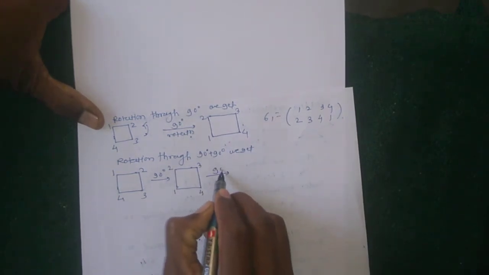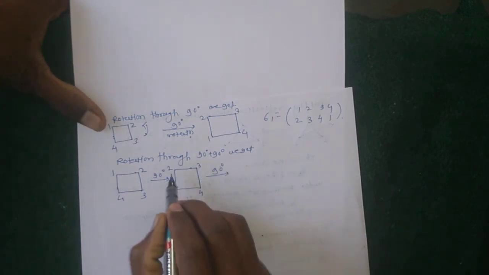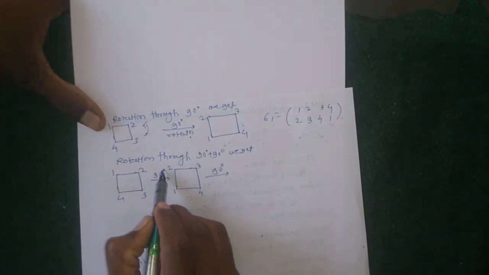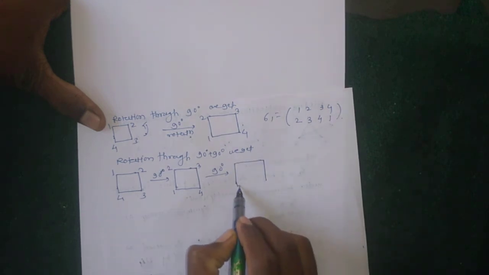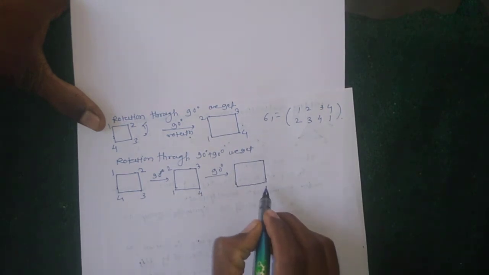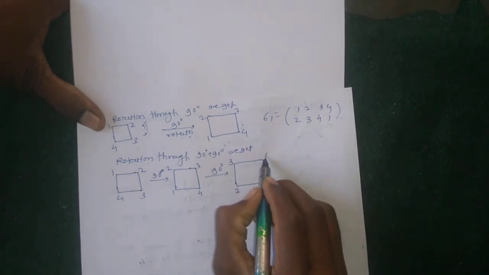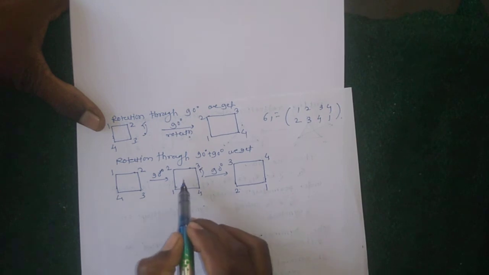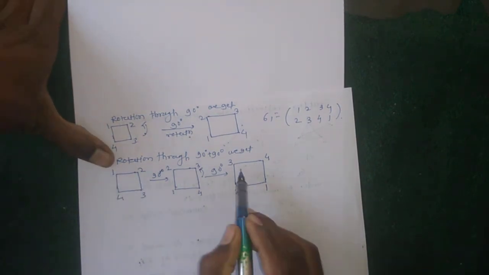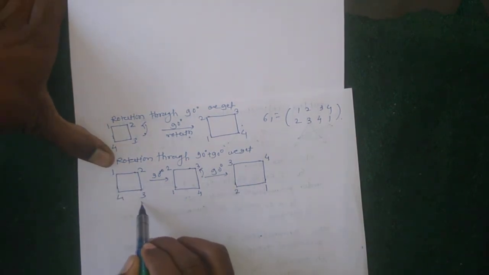Again rotate 90 degrees, and we get the square rotated through 180 degrees.